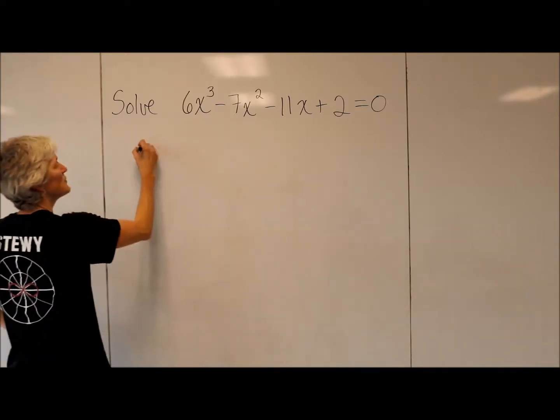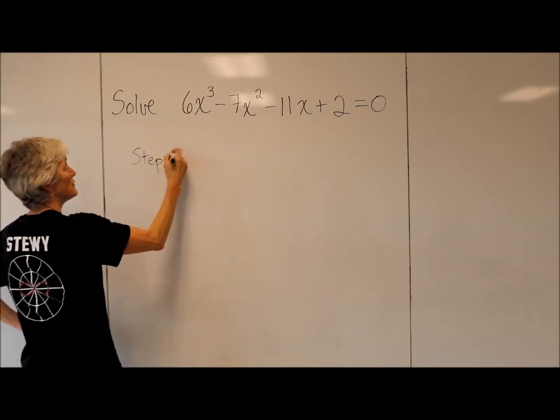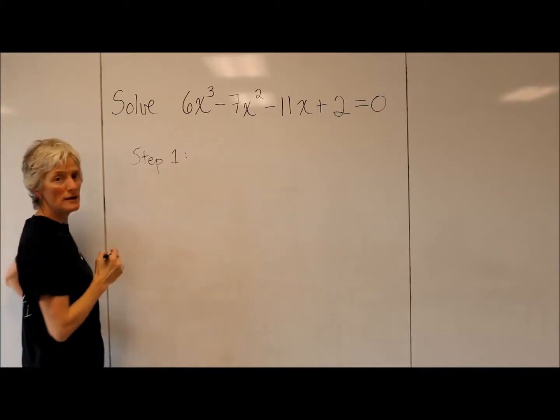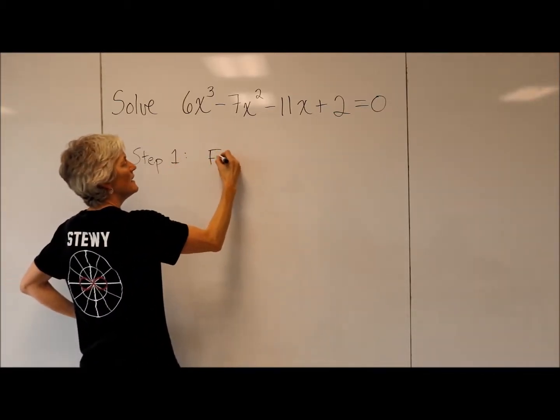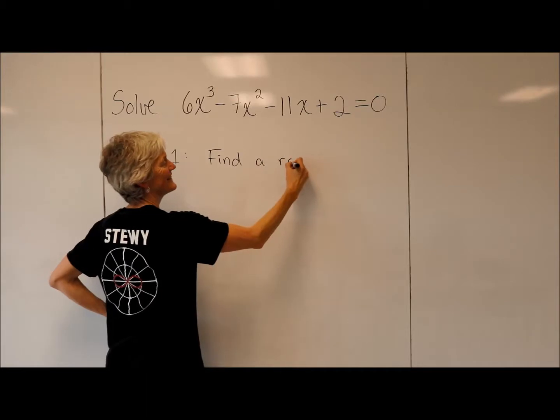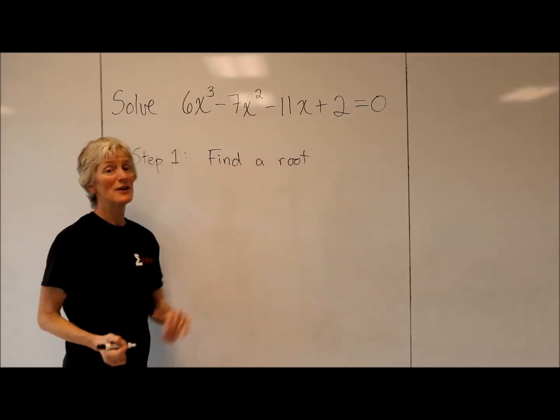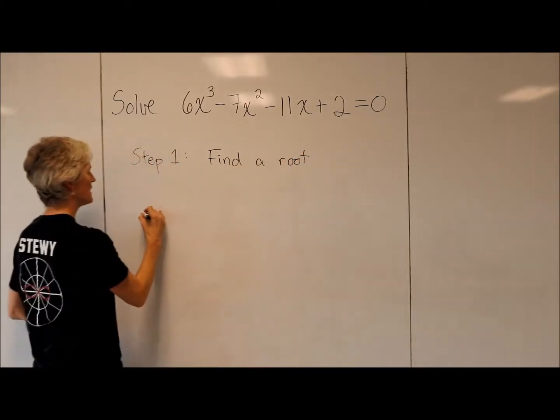And that is, it's really pretty straightforward. It has 2 steps, kind of. Step 1, find a root. In other words, find one of your answers. We're going to talk about that in a little bit.